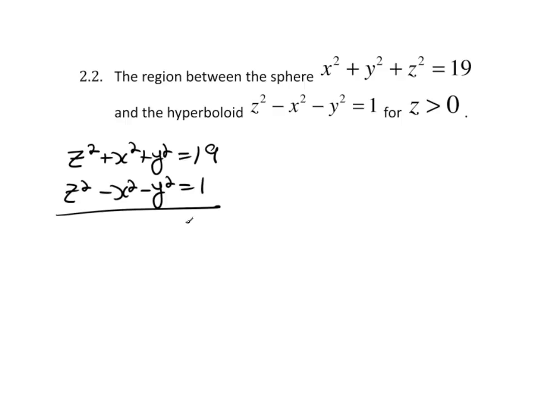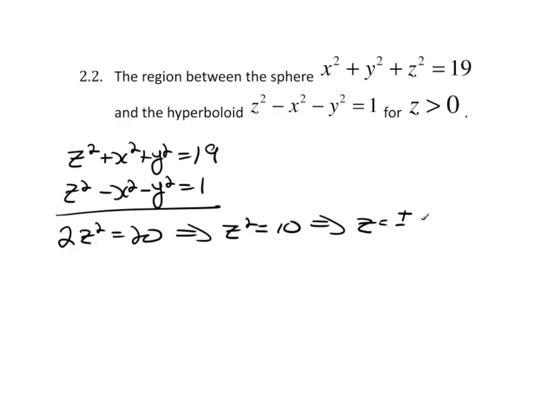We do like we'd normally do to solve the system of equations. I'm going to add these together. When I do, I get 2z squared equals 20, which implies z squared equals 10. So z equals plus and minus root 10.